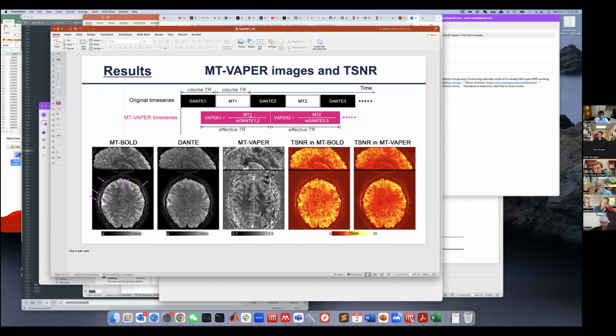It doesn't change the contrast mechanism, but you can divide MT by density or density by MT. It's the same. It's just how you report your results. If you invert this image, it will be very similar to the VASO image. But I report it this way because if you divide the other way, there will be a lot of zeros, and those voxels will become zero.